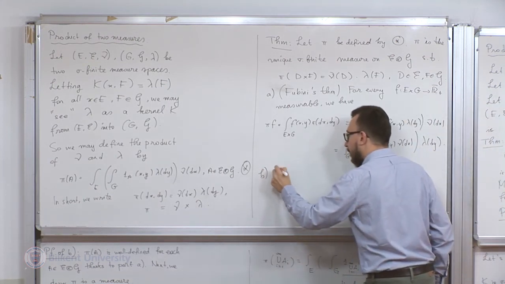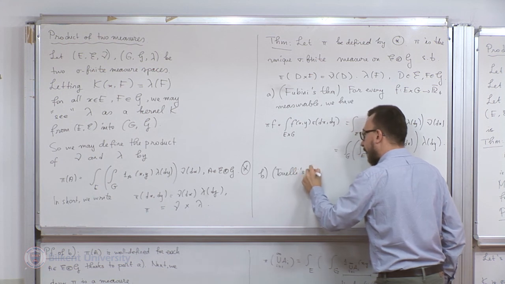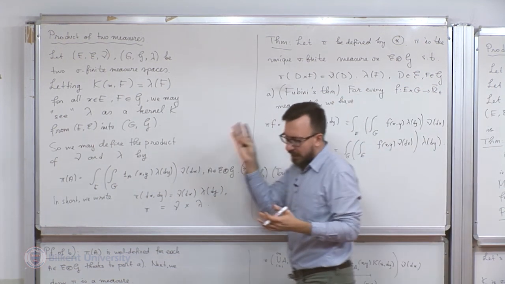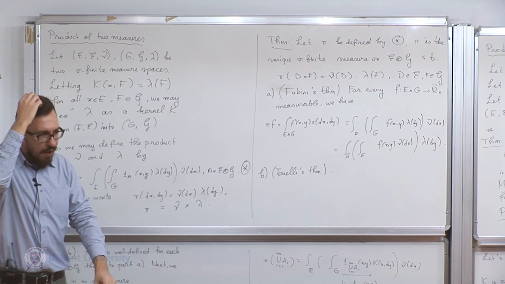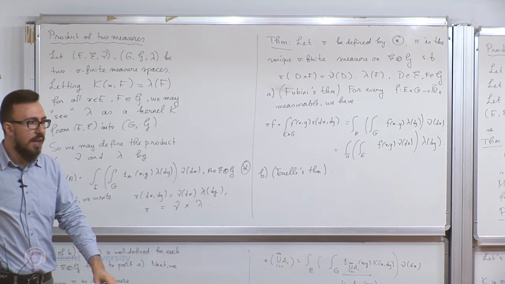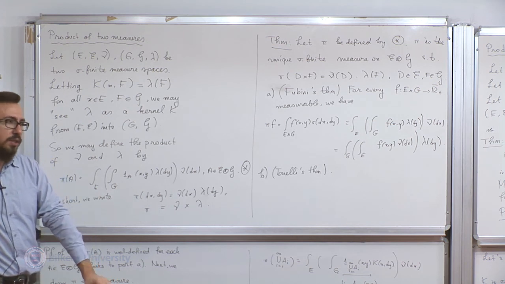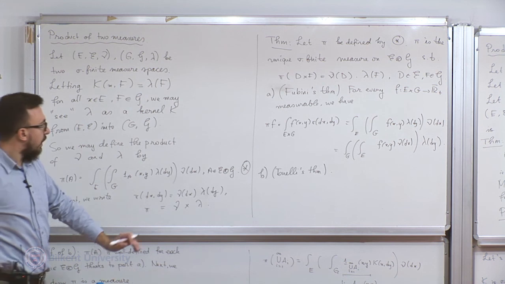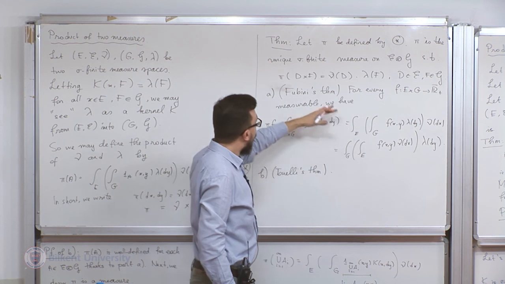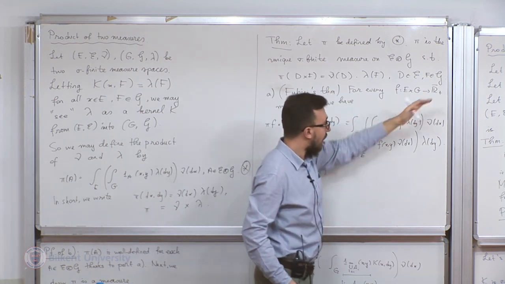Part B is called Tonelli's theorem, and this deals with functions that are not necessarily positive. Since we usually deal with positive measurable functions, Fubini's theorem is usually good enough. But sometimes we have to deal with functions like cosine, sine, etc. So we need to deal with functions that can also take negative values. So we need a second part, which is about when we can do this swap for functions that can also take negative values.